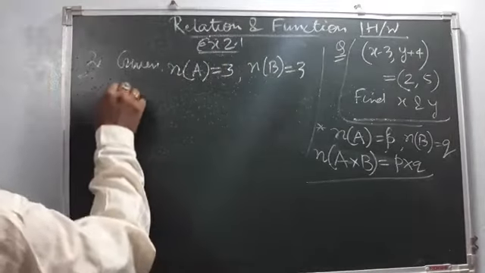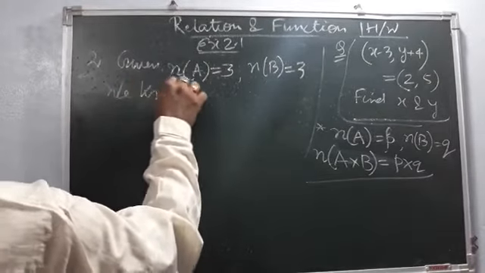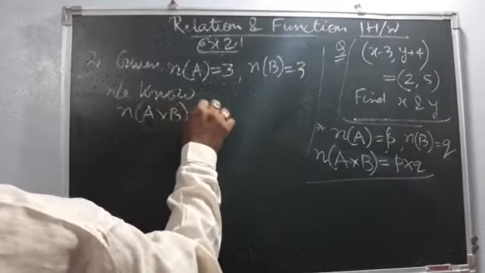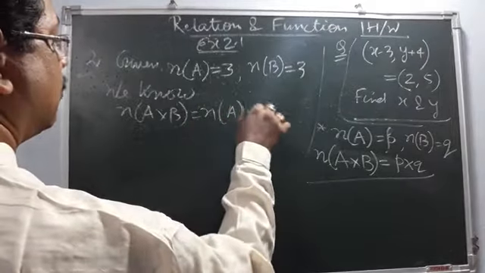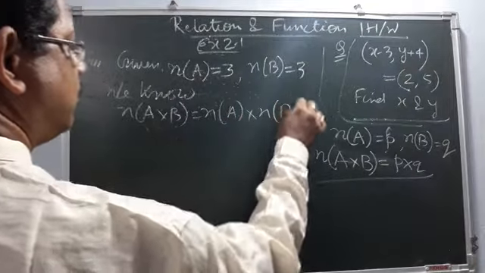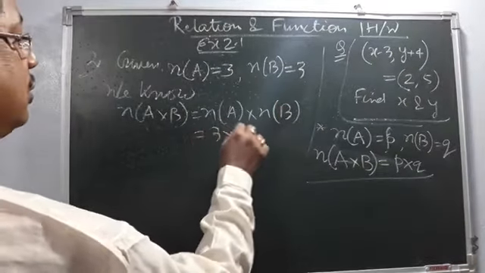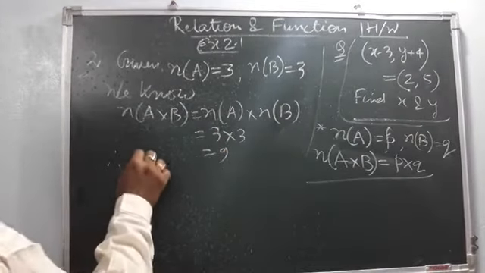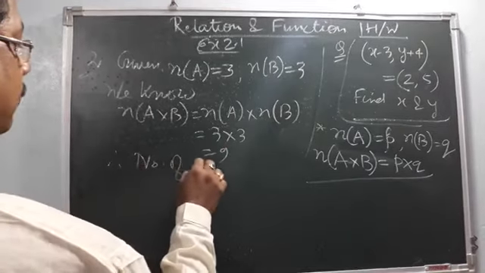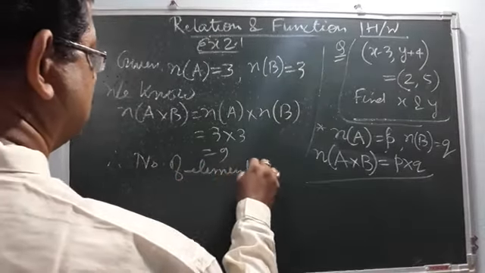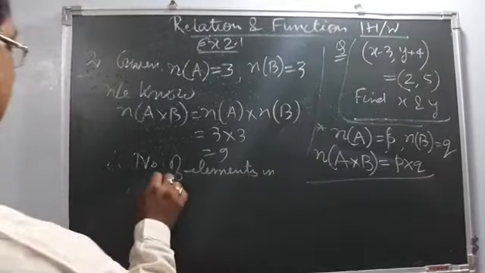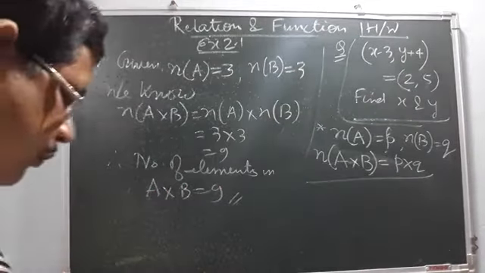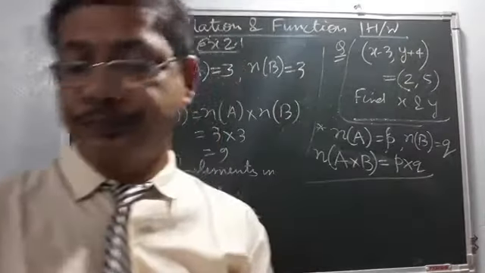We know, see the presentation also, n(A cross B) is equal to n(A) cross n(B). This is our rule, our formula. So it is 3 cross 3, that is 9. Therefore the number of elements in A cross B is equal to 9. So this way we can do.